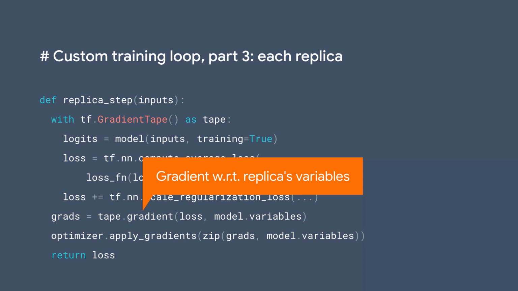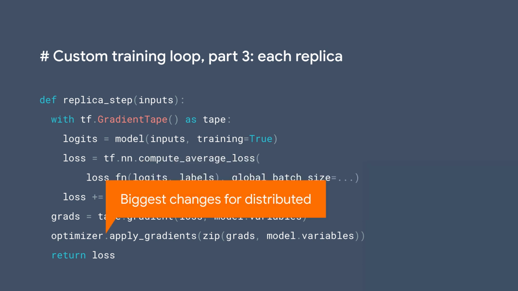We're going to compute a gradient using ordinary TensorFlow 2 APIs. This gradient is going to be local to each replica and then passed to the optimizer, which is distribute aware and is going to deal with aggregating gradients, among other things, which I will go into detail on later.